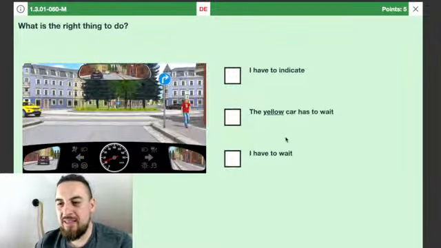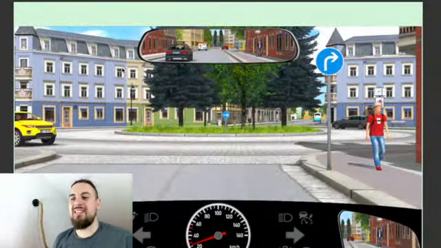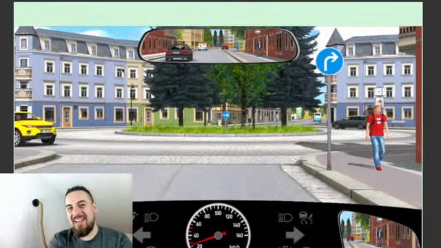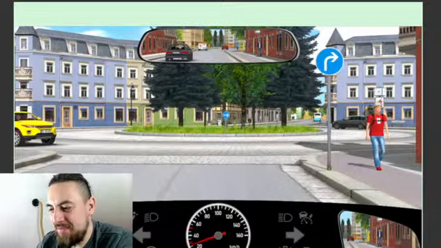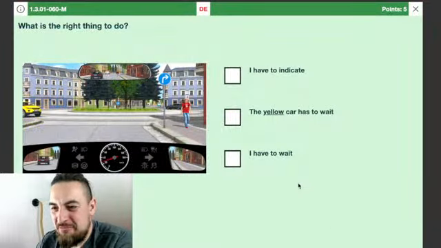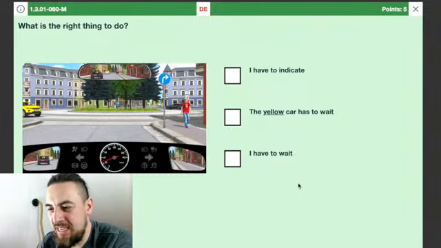What is the right thing to do? Wow, that's a tricky one. Now I will see if you can be correct. Okay. I will close it right now. What is the right thing to do? I have to indicate, the yellow car has to wait, or I have to wait.